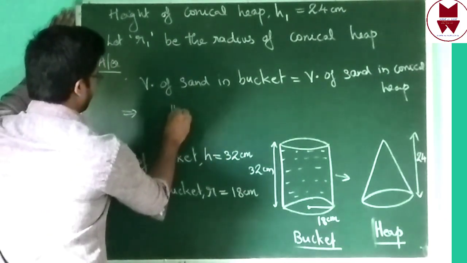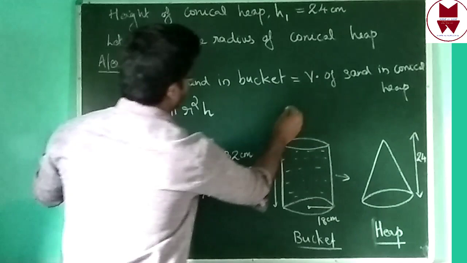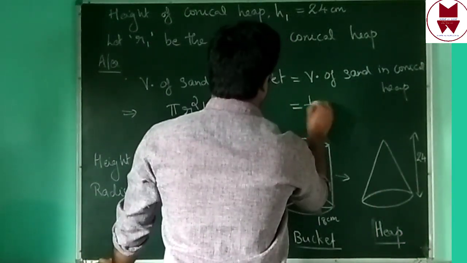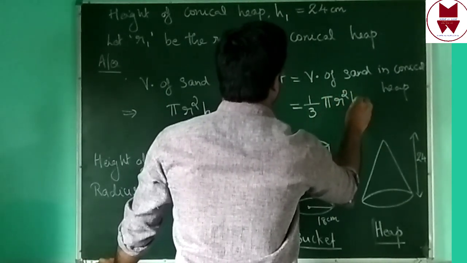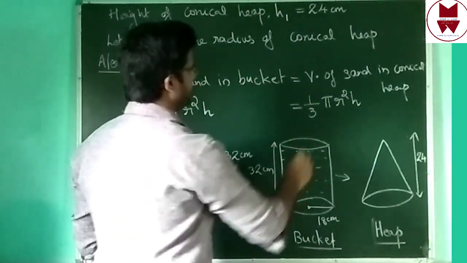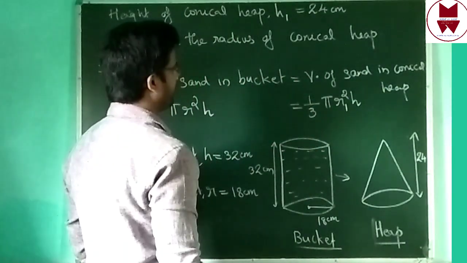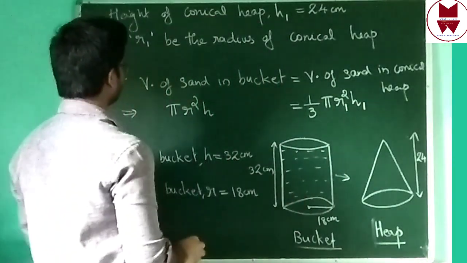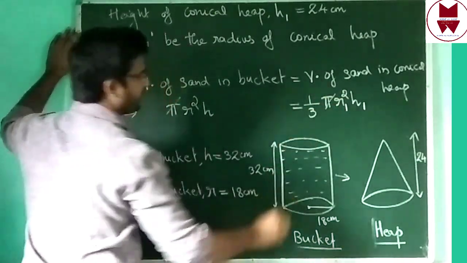Volume of sand in the bucket means cylindrical shape, so we use the formula pi r square h, equal to the volume of sand in the conical heap, that is 1/3 pi r1 square h1. In here, radius of conical heap we took r1 and height h1. Then directly pi and pi cancel.